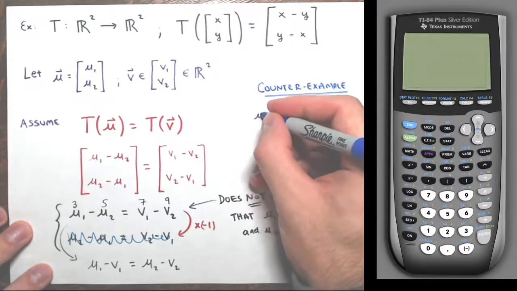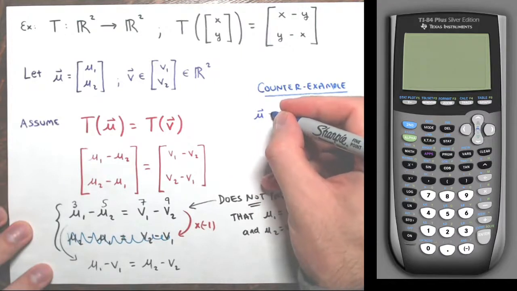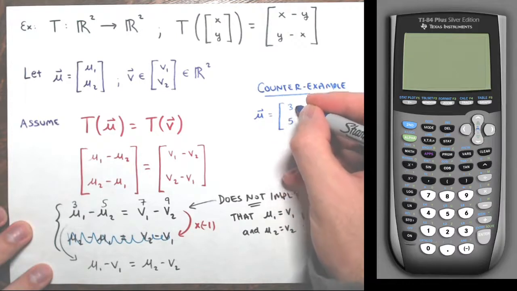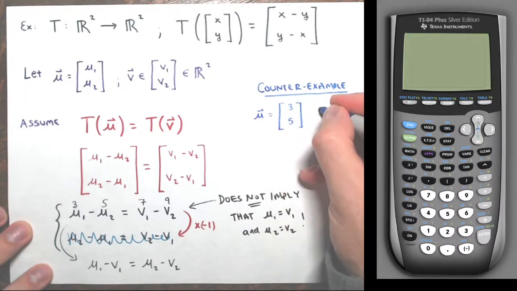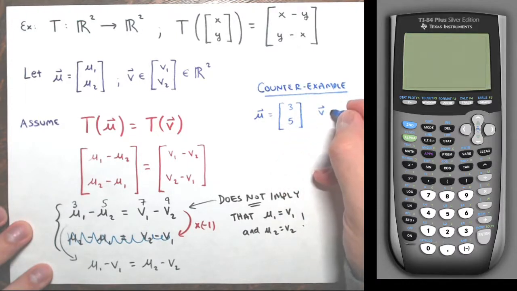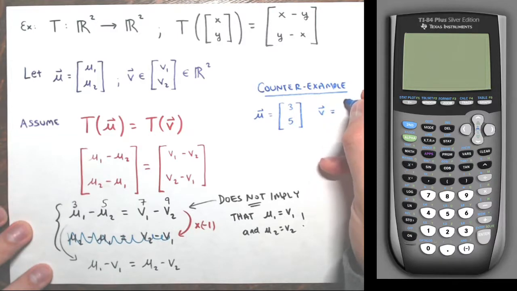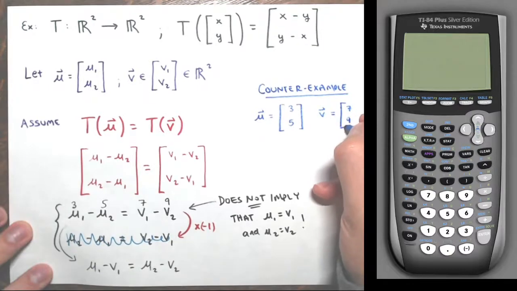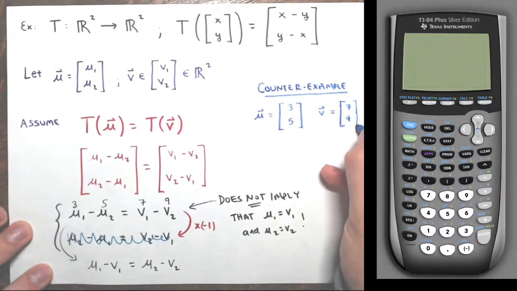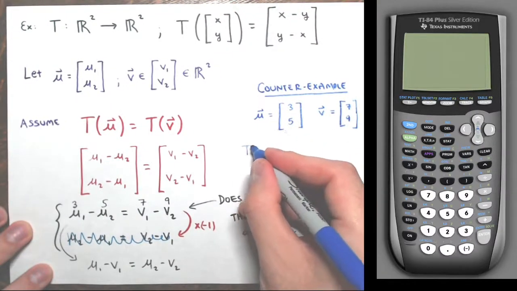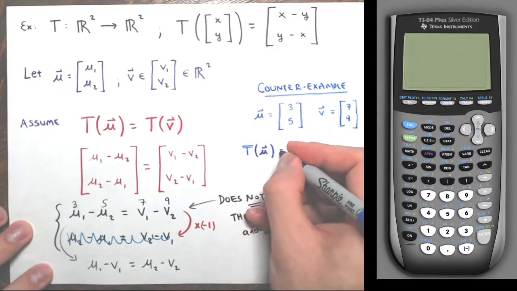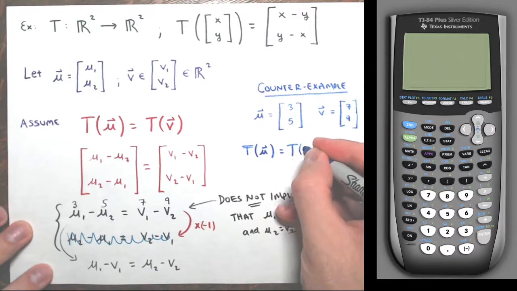So suppose u was 3, 5, and v was equal to 7, 9. Now, do you see how their images would be the same? T of u would be the same as T of v.